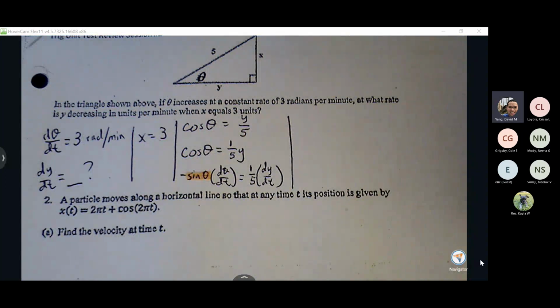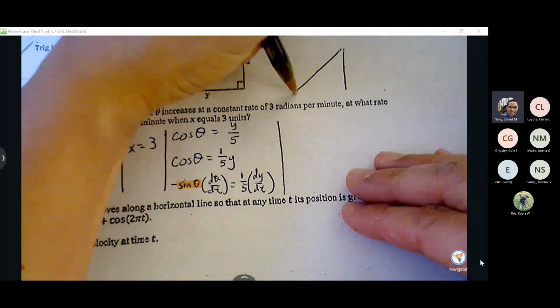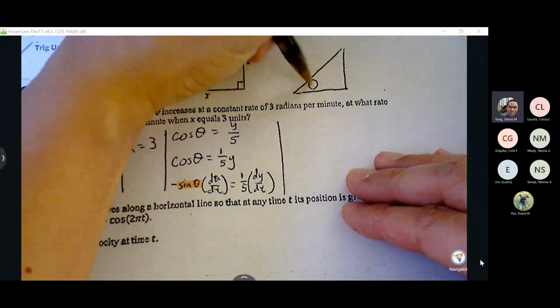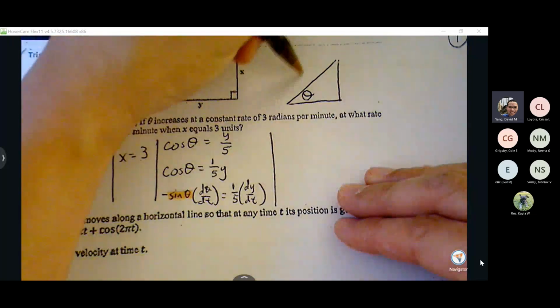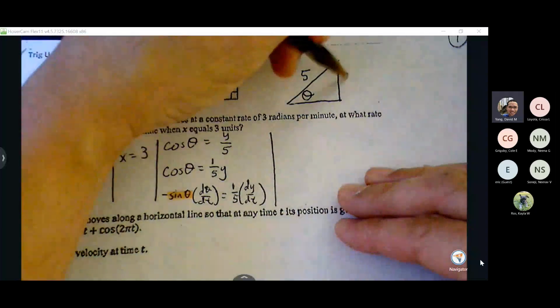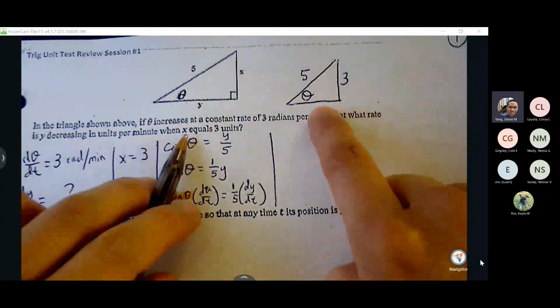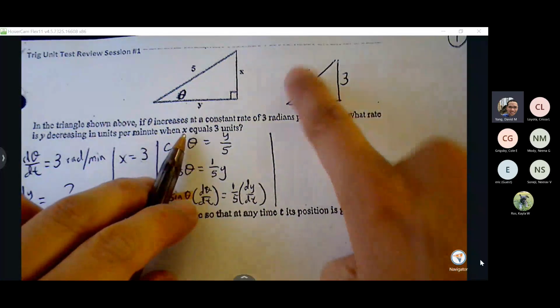So if we kind of redraw our triangle and fill with numeric values, we know at this moment in time, hypotenuse is 5, and we know x is 3. So Pythagorean theorem will help us get to that third missing side, a squared plus b squared equals c squared.